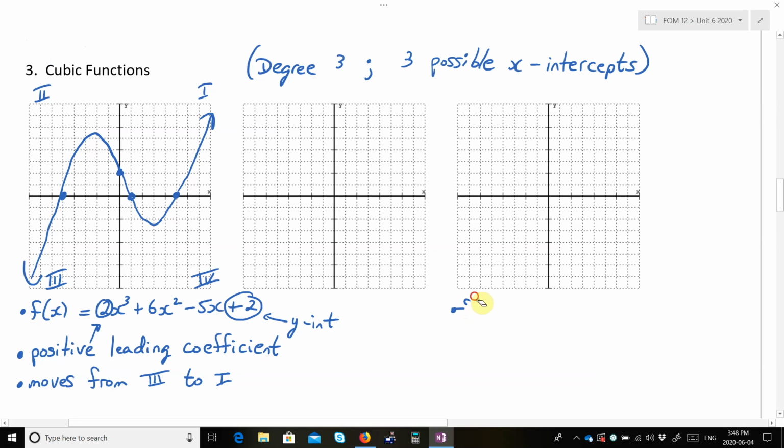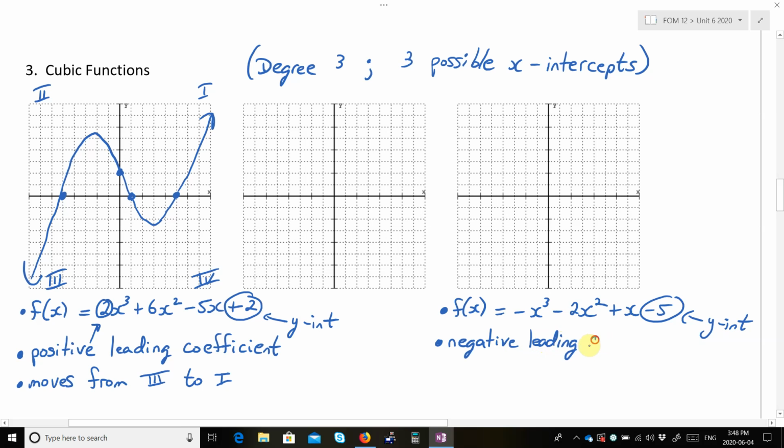Okay, and so here's what happens if we have a negative leading coefficient. Let's say we have negative x cubed minus 2x squared plus x minus 5. There's the y-intercept. We have a negative leading coefficient, which is right there.